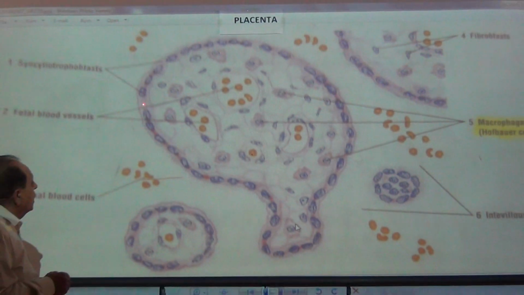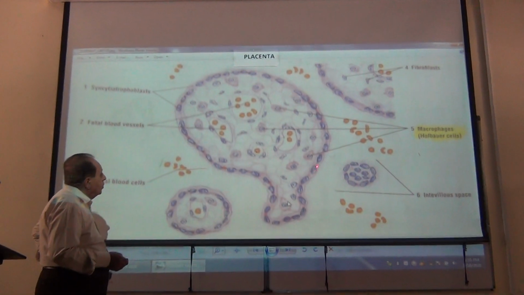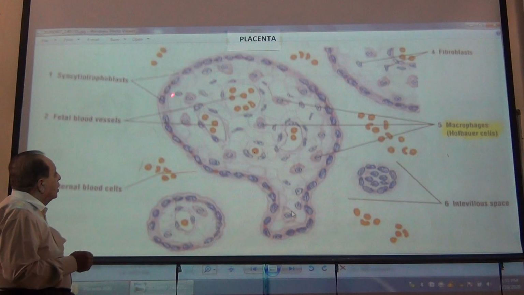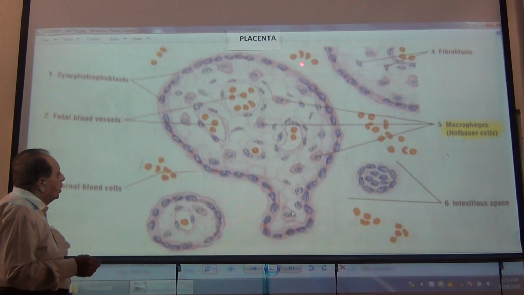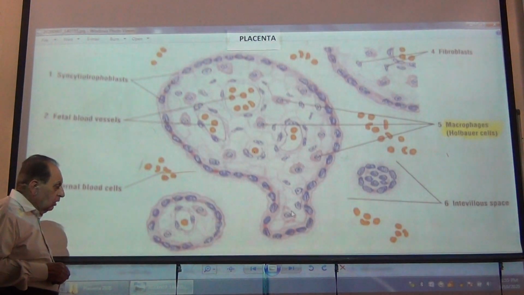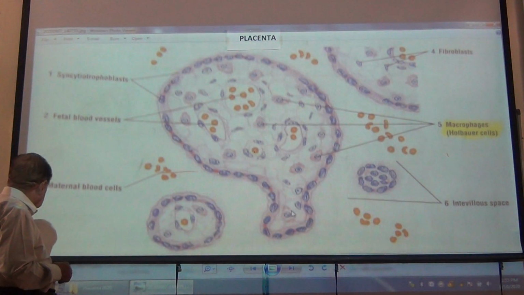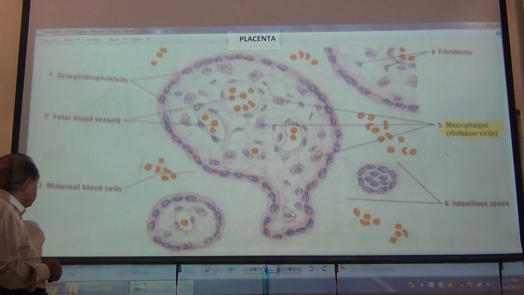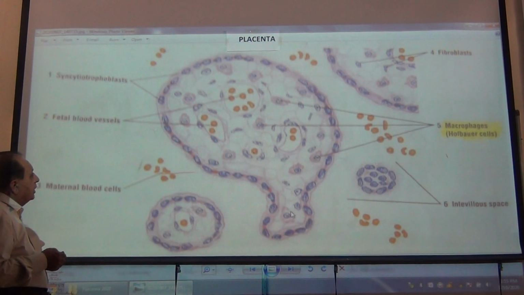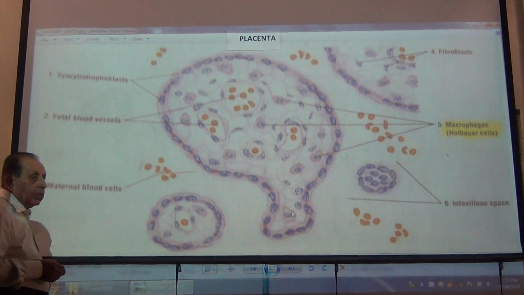Now, the syncytiotrophoblast secretes the gonadotropic hormone, and this hormone appears in urine within 10 days of pregnancy.